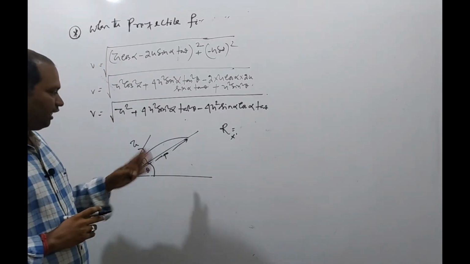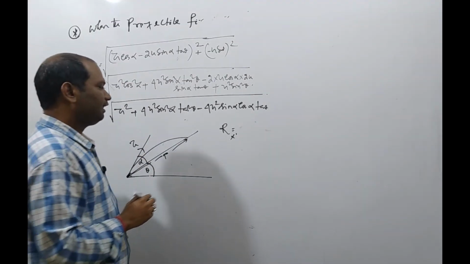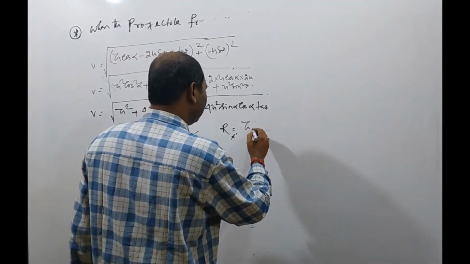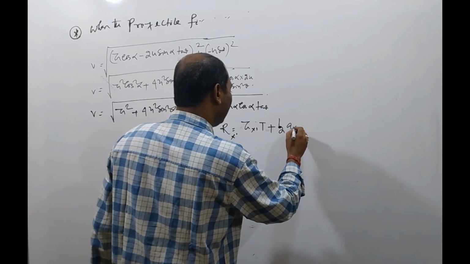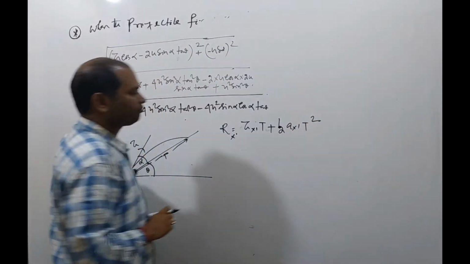Horizontal displacement in x dash axis is equal to ux dash t plus half ax dash t square.